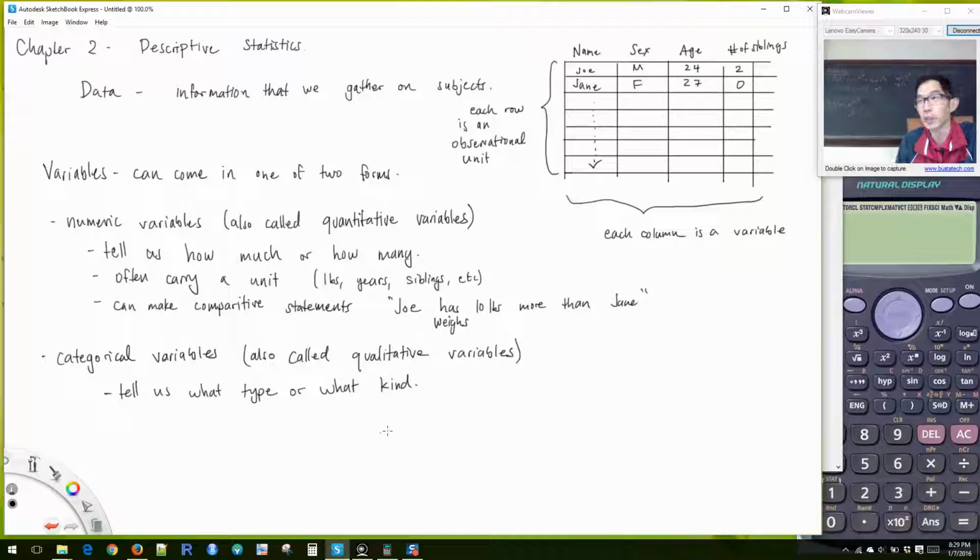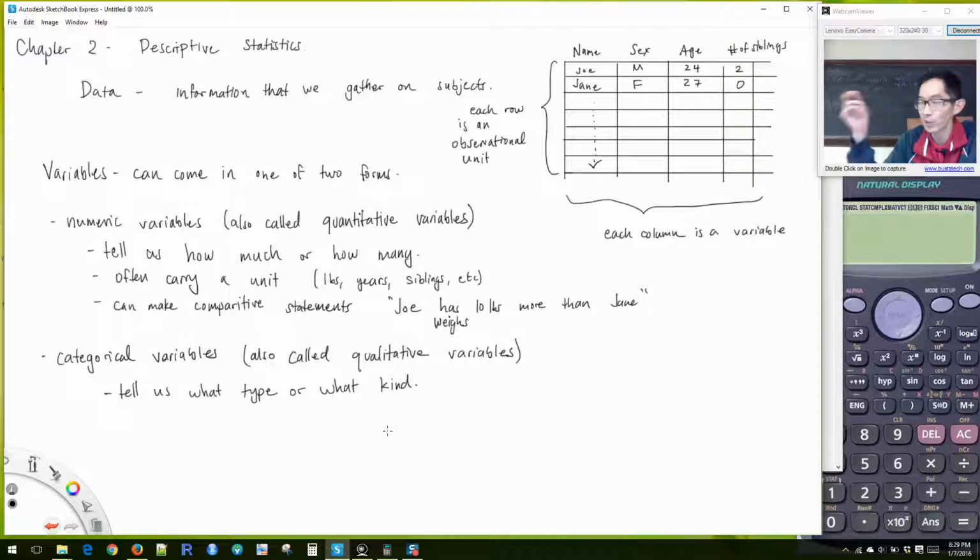And it doesn't quite make sense to try to do a comparative statement between categorical variables. If you're talking about hair color, you cannot say I have more brown hair. It doesn't work. You'd say this one's red and this one's green and this one's, if we're talking about some other colors of something, okay?